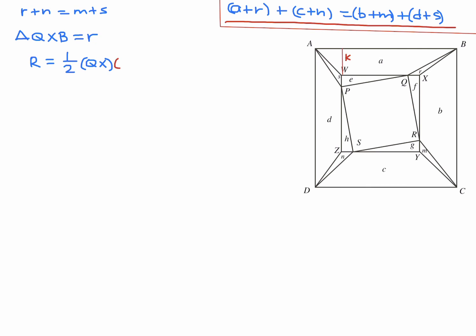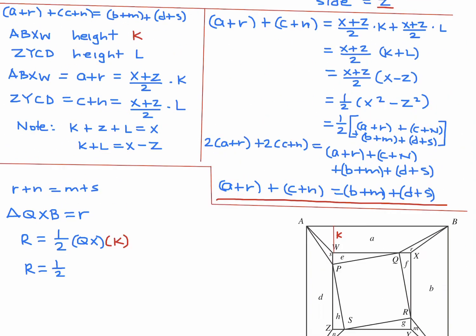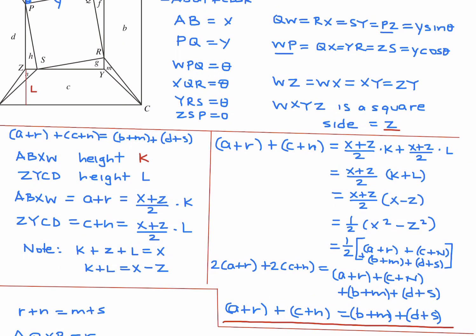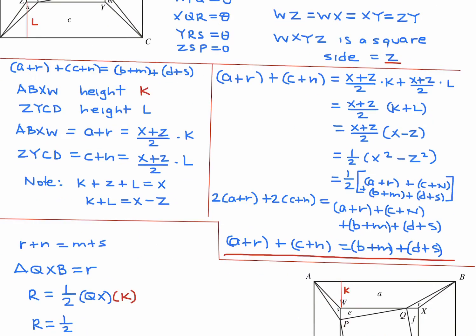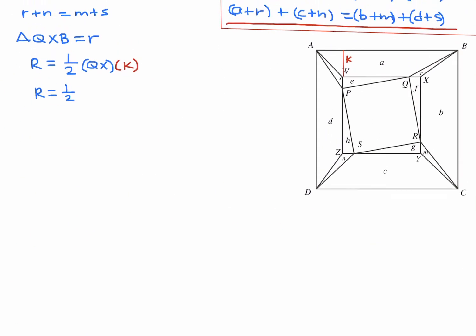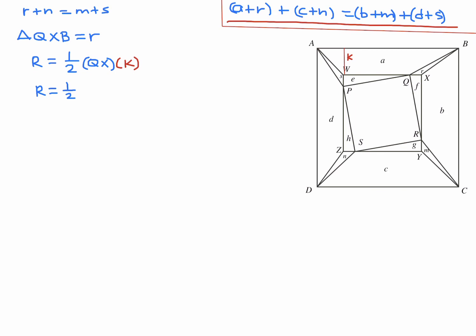So that's going to be the height. And if you recall, QX we had defined up here as y cos theta. So that's what I'm going to put in for the value of QX. So we have 1/2 y cos theta times k.